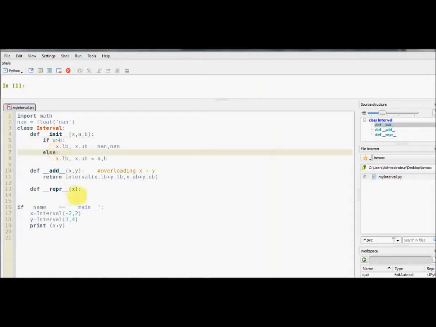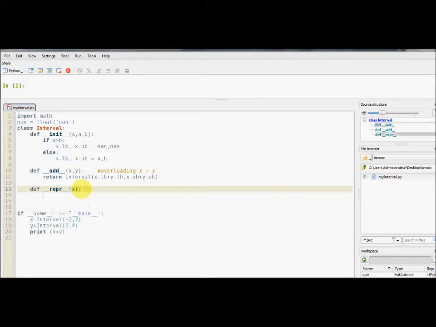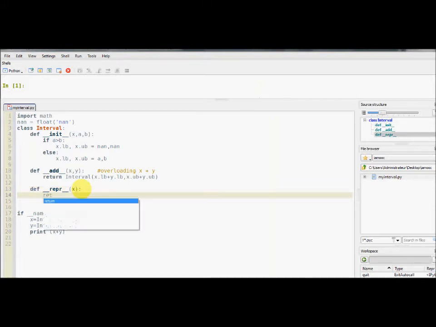Okay, so the representation of x, I will return a string corresponding to a float for the lower bound, a float corresponding to the upper bound, and here I will write x dot lower bound and x dot upper bound.